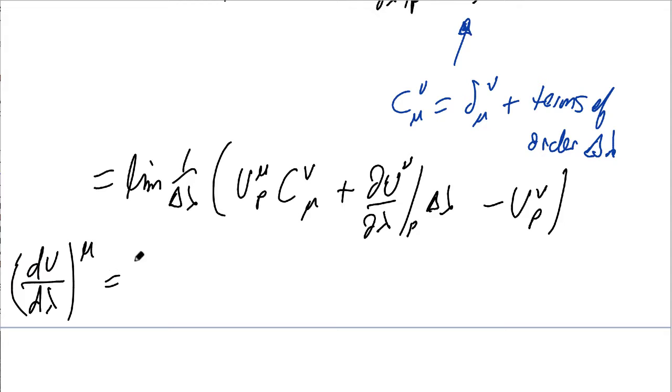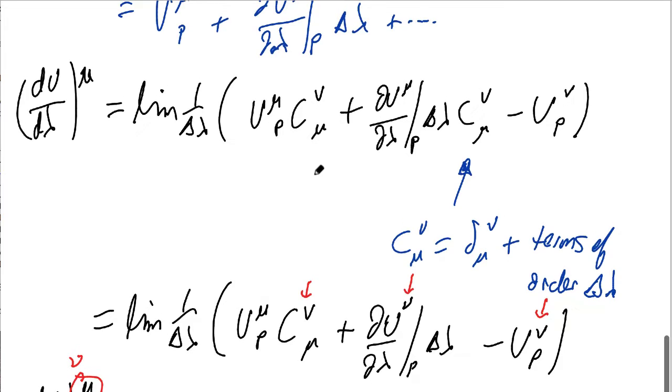We have the components of dV/dλ. Let me pause for a moment because I see I've made a mistake. This index should be ν, and I can tell because the right-hand side's free index is the index ν in each of these terms. The index μ appears here, but it's being summed over, so it could really be called anything, alpha, beta, anything you like. The free indices need to balance throughout an equation.